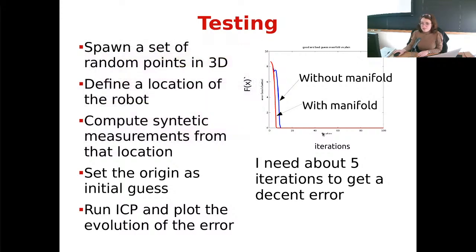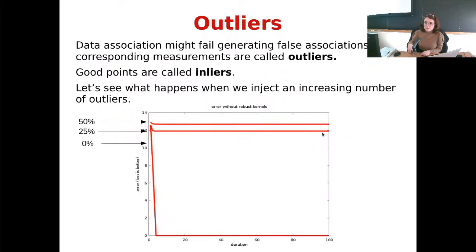Okay, so now let us move again to the slides and talk about outliers. In real-world problems, data association might fail so that we generate false associations. Measurements that are characterized by these false associations are called outliers.